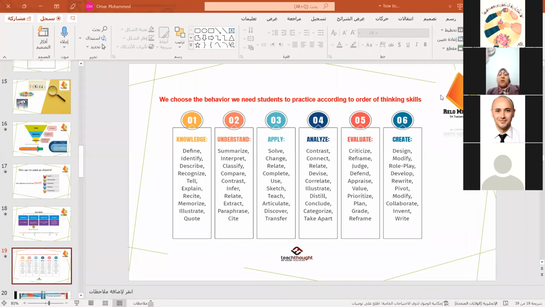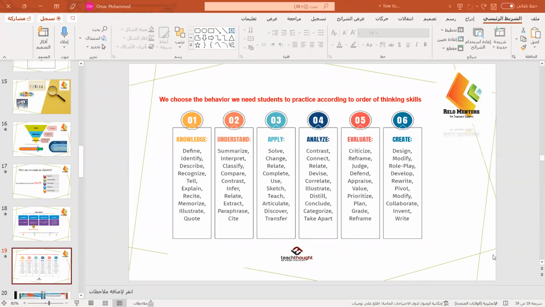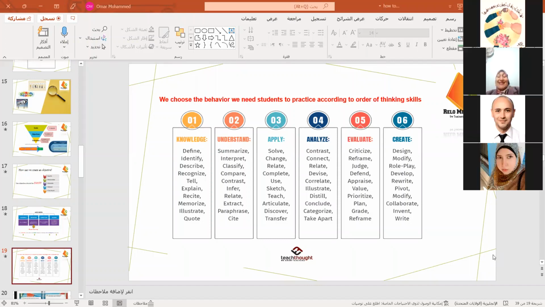Okay, Bloom's taxonomy is the levels of mental processes, like understanding, memorizing, analyzing. Of course, the top objective that all teachers wish to reach is creativity, which is the highest level of thinking for students.